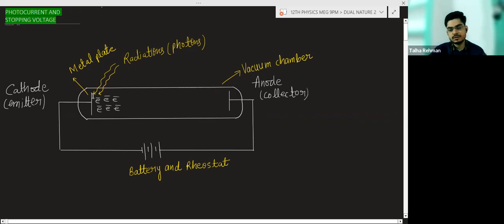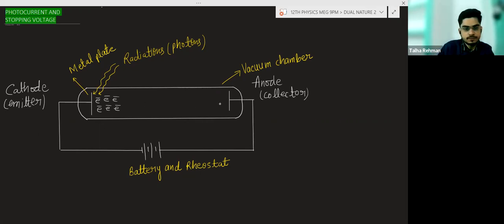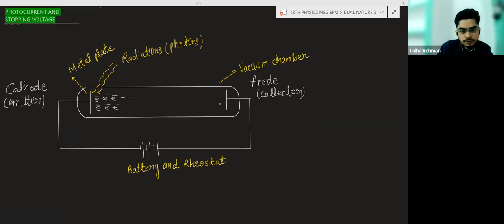Electrons are emitted, and electrons will move from cathode to anode.